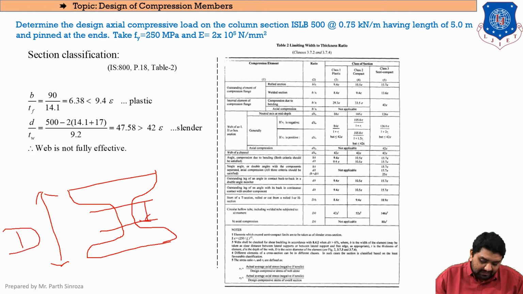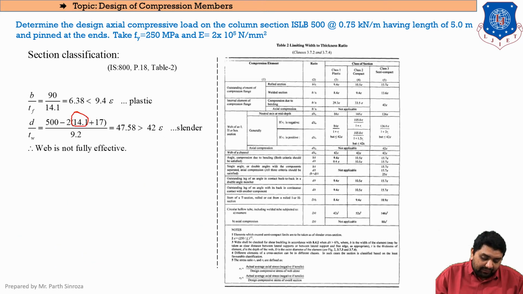So to find this distance, we need to subtract the thickness of flange on both sides, that was 14.1, and we also need to subtract this radius, that was our root radius. Clear? So we will be subtracting our TF and root radius from both sides to find our total depth of web.